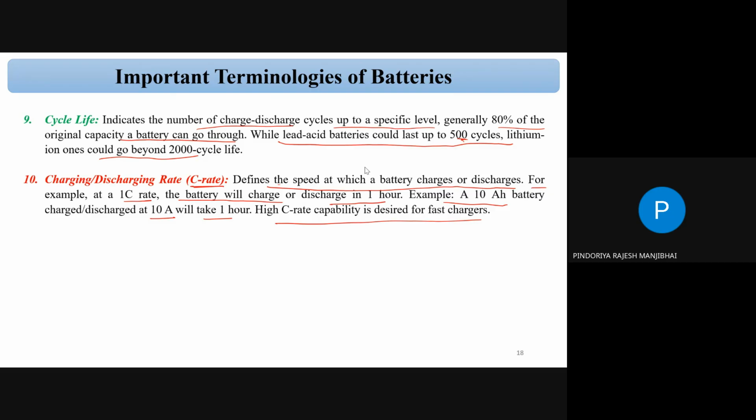Then the SOC question: how can we calculate the SOC while charging? Yes, instantly while charging. Please message me, otherwise I will forget. And the second one is whether multiple electrodes are possible in a single cell. Okay, good. Any other confusion? Any other query?